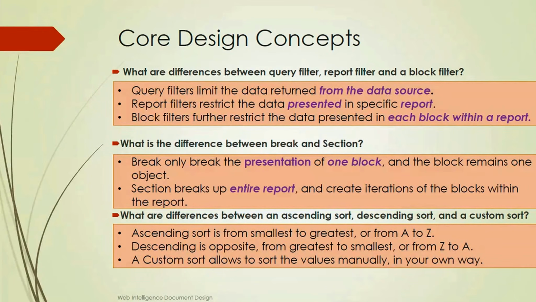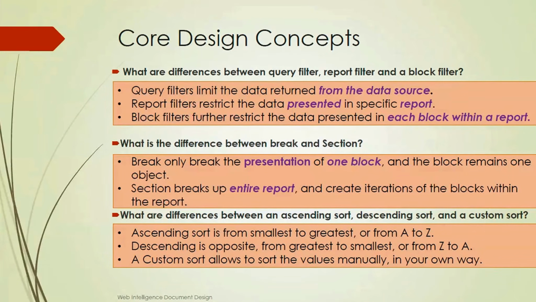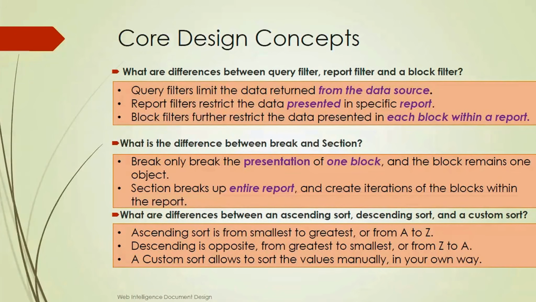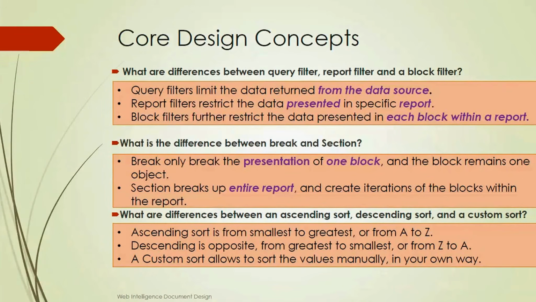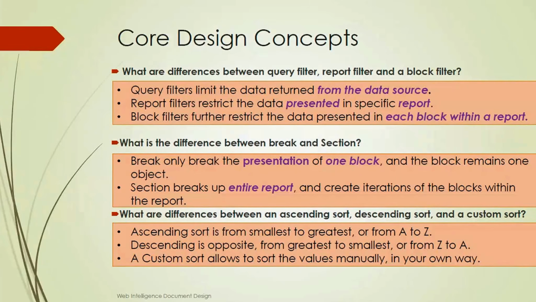Coming to the next question, what are the differences between query filter, report filter and block filter? These are the 3 types of filters we saw earlier. The first one, query filters limit the data returned from the data source. Report filters restrict the data presented in a specific report.